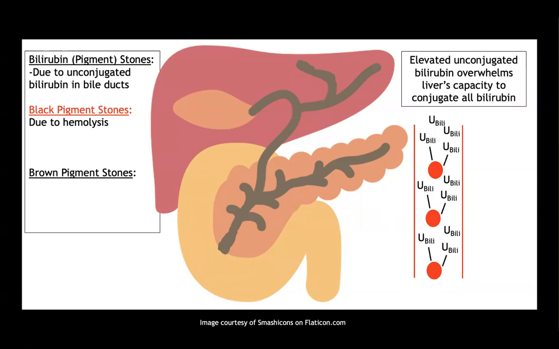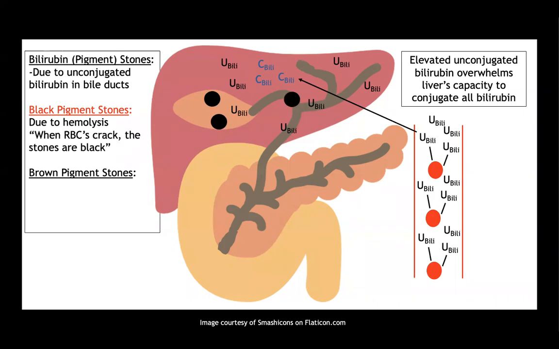And what's going to happen is that unconjugated bilirubin is going to overwhelm the liver. And some of it can be conjugated, but a lot of it's going to stay unconjugated because there's just so much going through it at once. And some of that unconjugated bilirubin that makes it into your bile ducts can increase your risk of bilirubin gallstones, specifically the black pigmented stones. And remember, when RBCs crack, the stones are black.